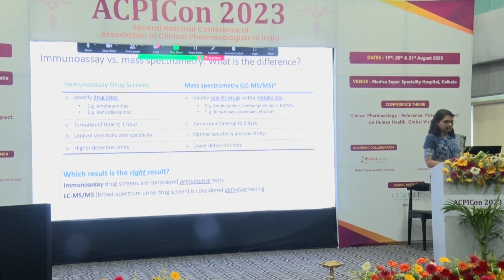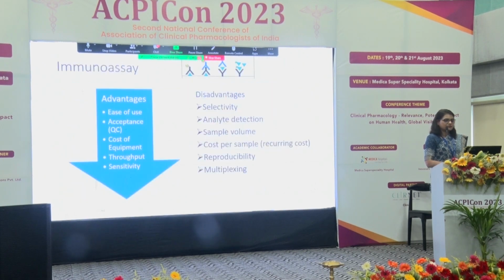So I will just take you through the pros and cons of each method. Please pay attention to the upper panel. Like we were discussing the ELISA methods, whether it's a direct ELISA, indirect ELISA, or sandwich ELISA or anything, you have all types of methods existing for the drugs.